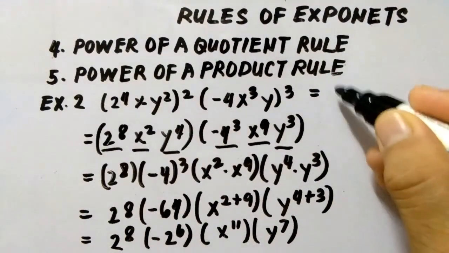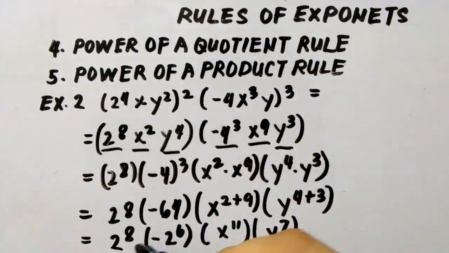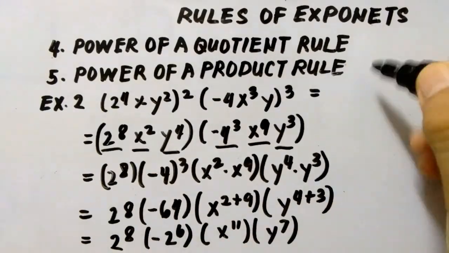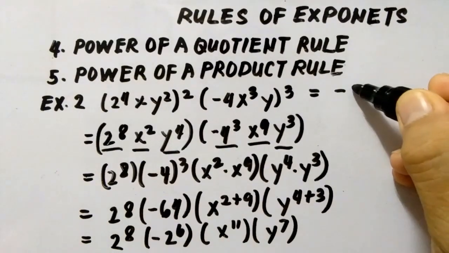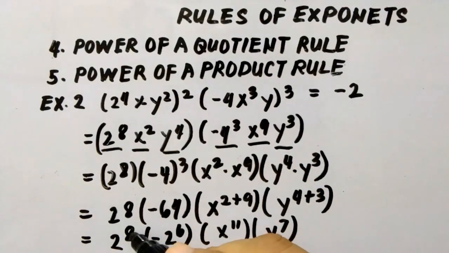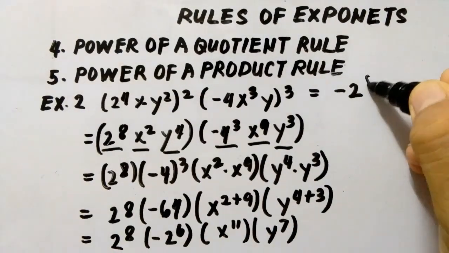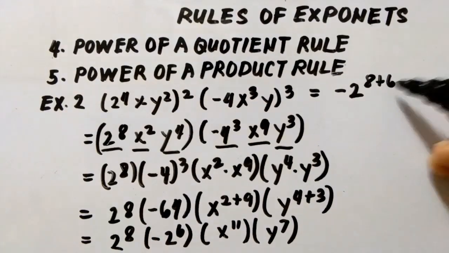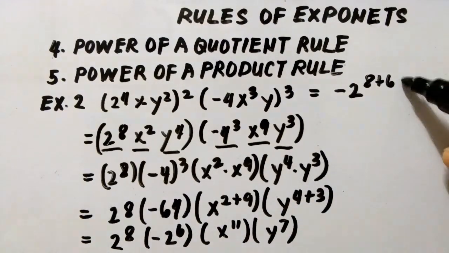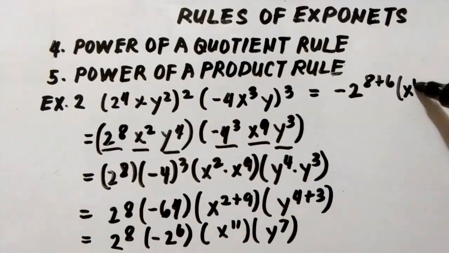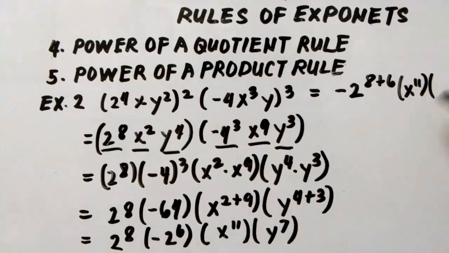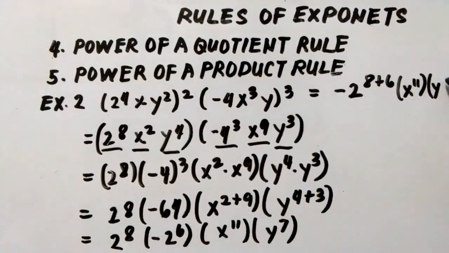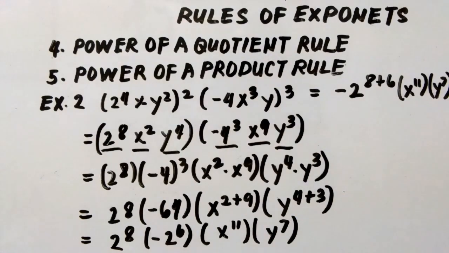Equals, continue natin dito. Positive times negative is negative. Then, 2. Then, 8 plus 6. Then, x to the 11 times the quantity y to the 7.